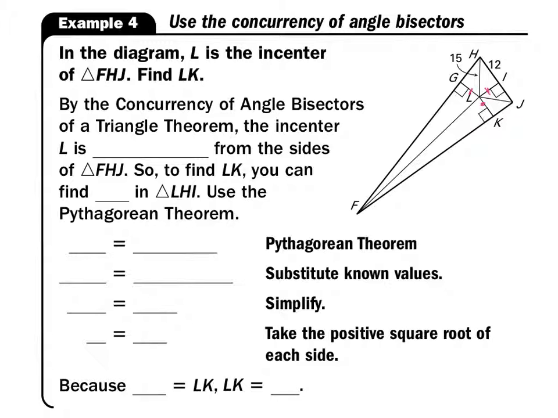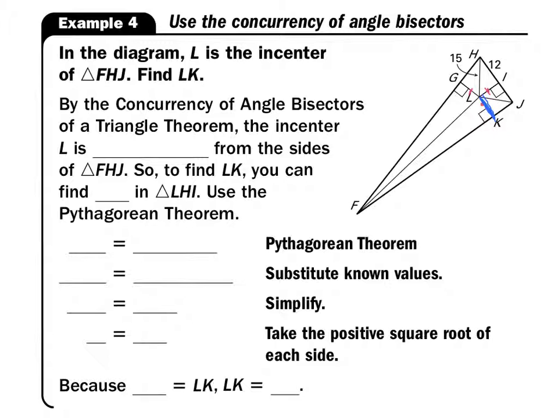Okay, now we need to find LK. So where is L? That's L up there. And where is K? K is right here. So I need to find this length right here, L to K.